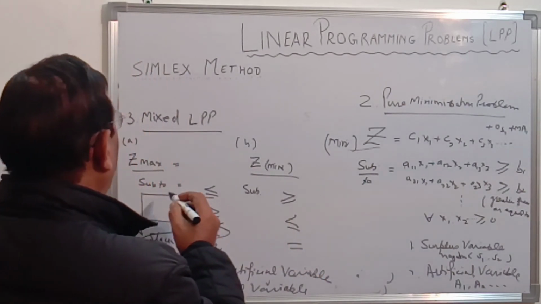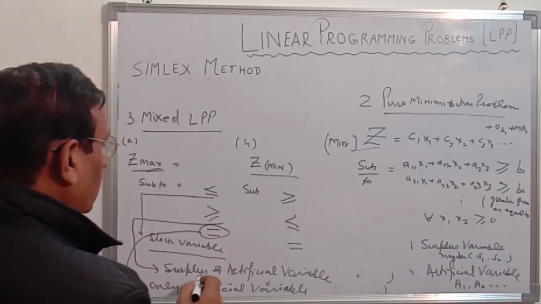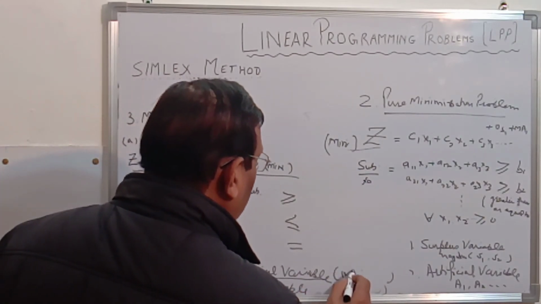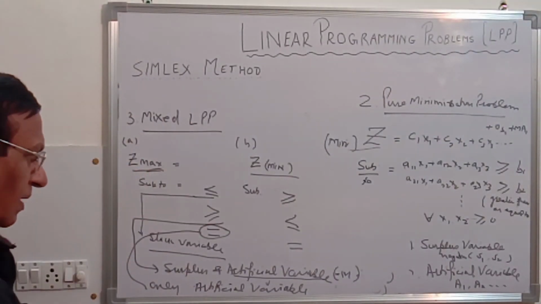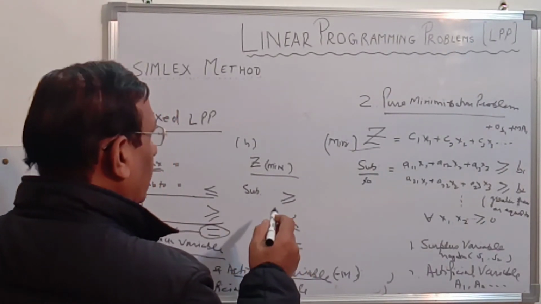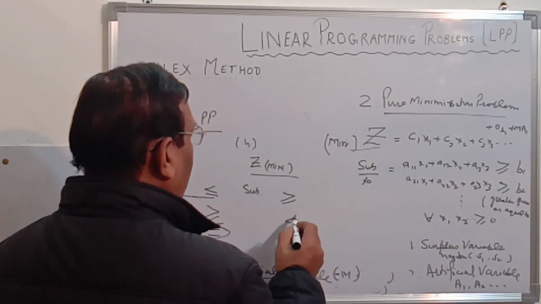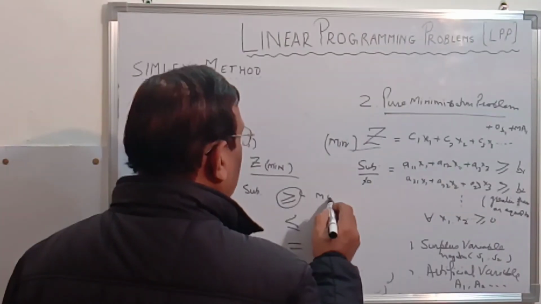Now if Z is maximum and you are introducing the artificial variable, the coefficient will be minus M. And if Z is minimum, then in case of greater than or equal to type, M is positive.